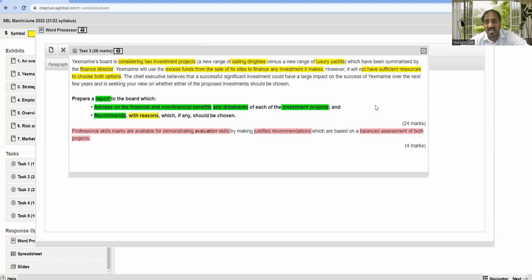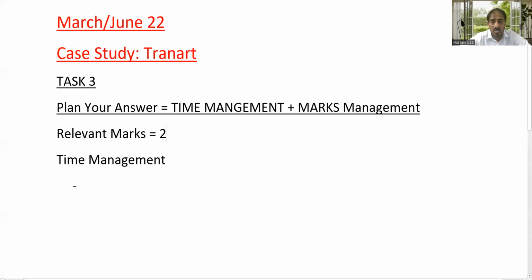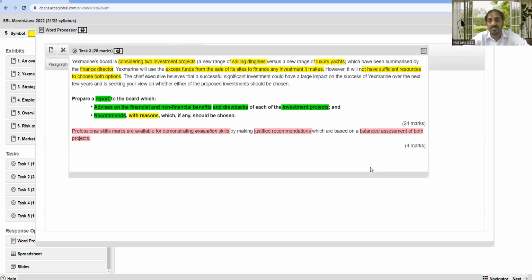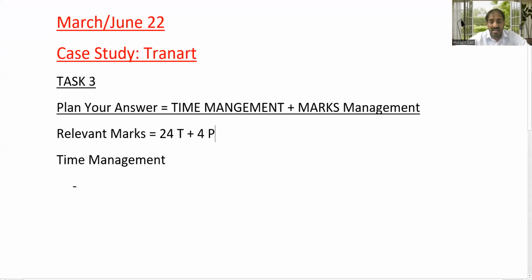For Task 3, the relevant marks are 24 technical plus 4 professional. So that means you are actually planning for 28 marks total.